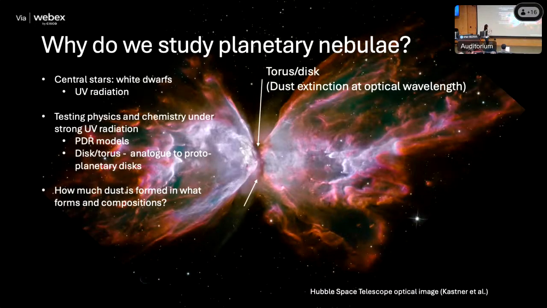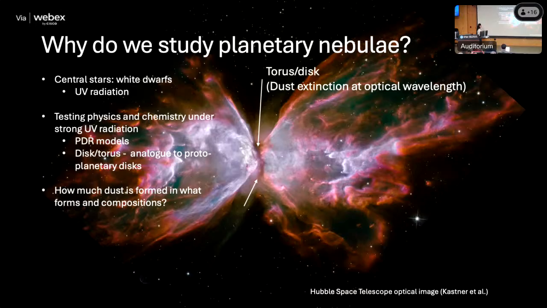So why do we study the planetary nebula? Its central star is a white dwarf, and it has this UV radiation. And some of them have a so-called disk or torus, which you can see in optical as extinction, a dark line across. So the planetary nebula is a very ideal case to study what happens to the chemistry and dust under strong UV radiation.